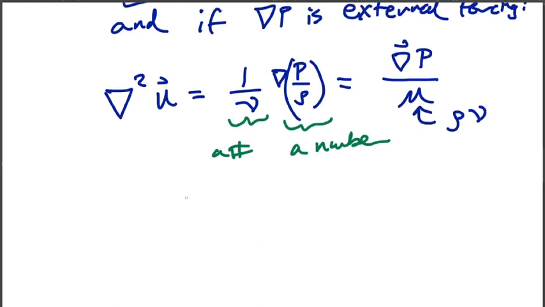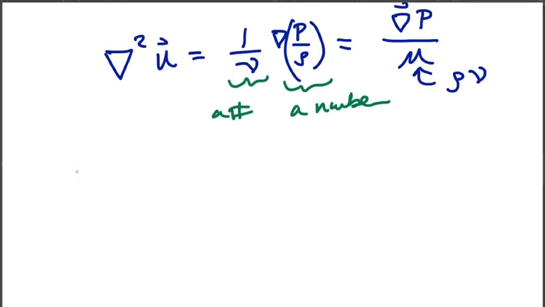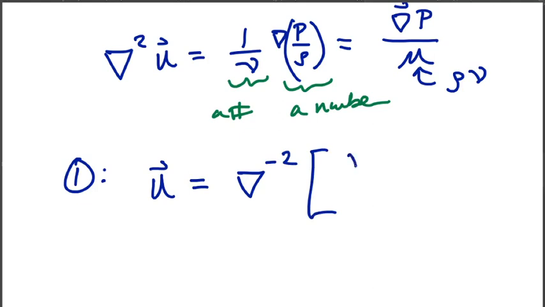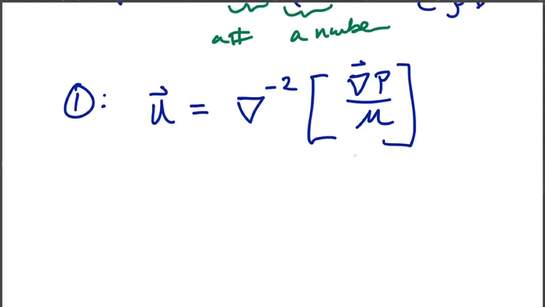Given this, the first thing I want to observe is the following. We can now actually solve for u as the double antiderivative, so we invert the Laplacian operator on grad P over mu. And so we can solve and invert this problem. And this is all just a constant.